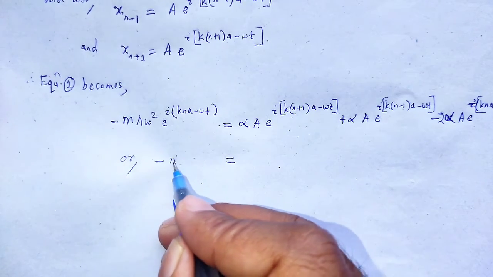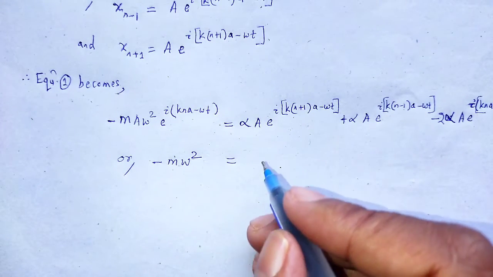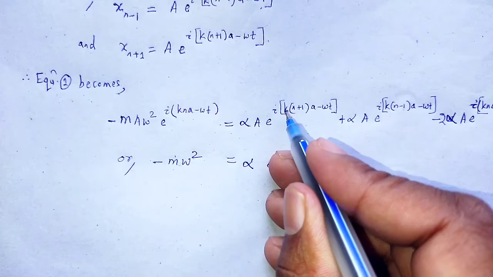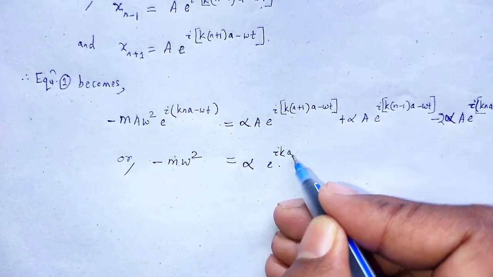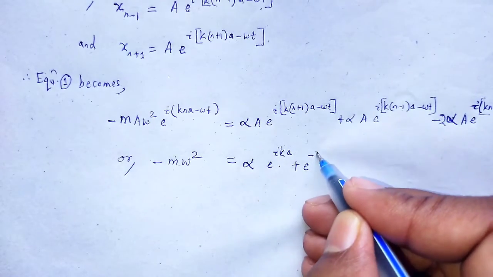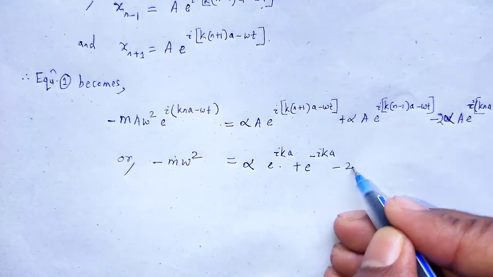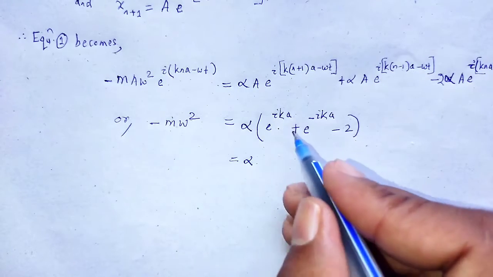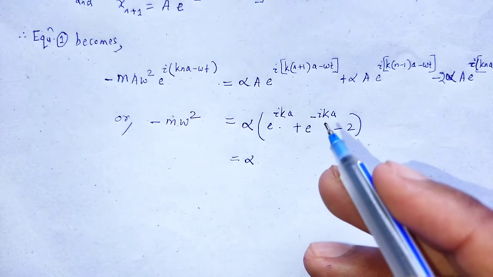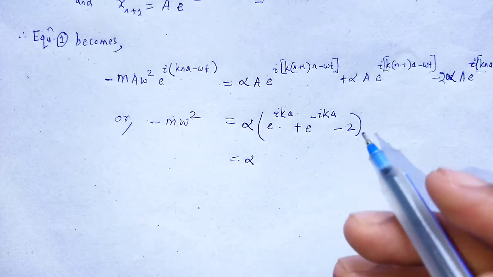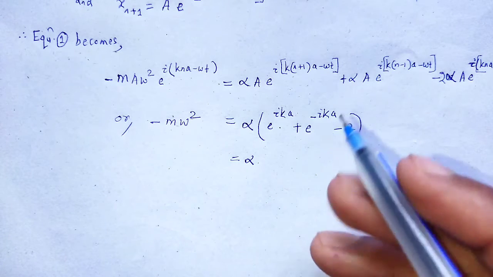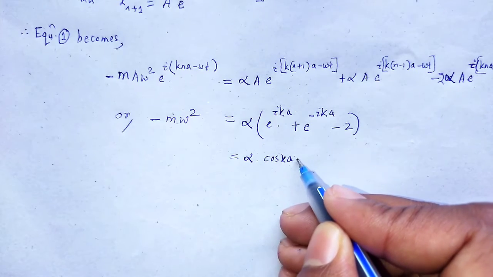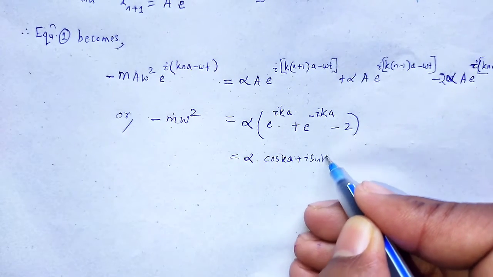We have minus m omega square is equal to alpha taking as common, e to the power i k a plus e to the power minus i k a minus 2. e to the power i theta is equal to cos theta plus i sin theta, exponential function in terms of sin and cos. e to the power i k a is equal to cos ka plus i sin ka.